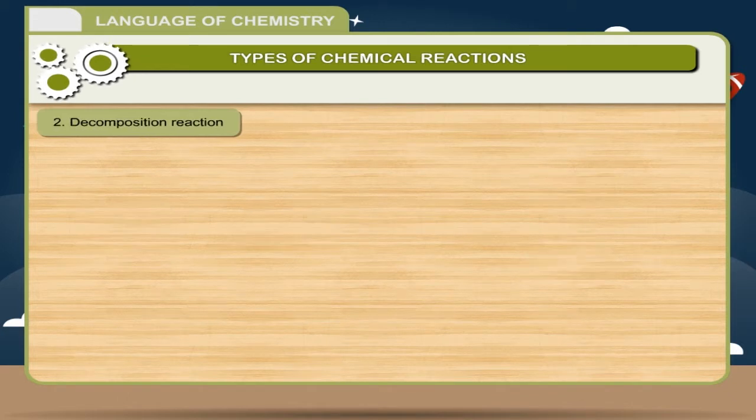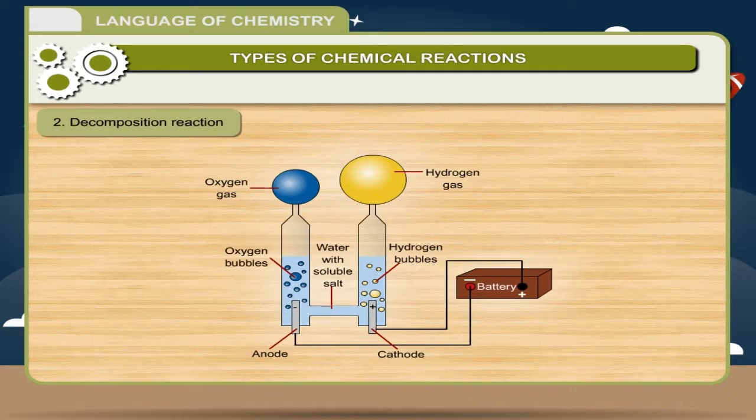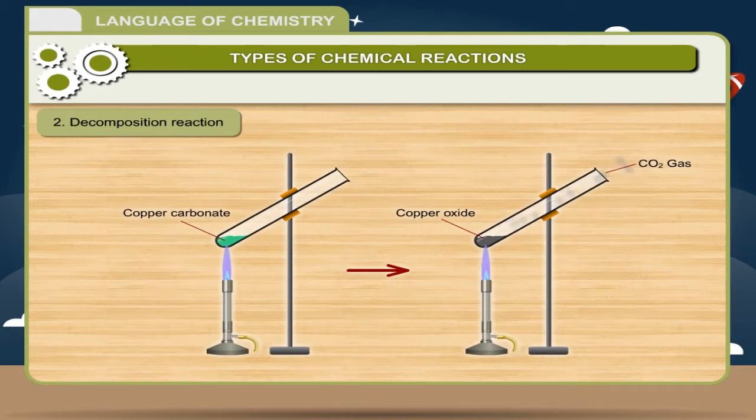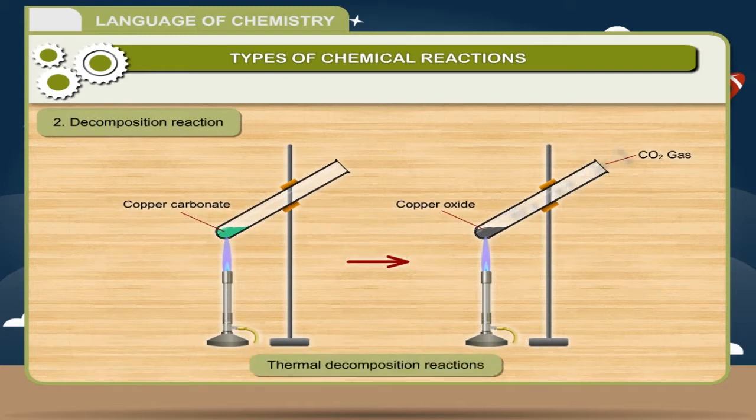Decomposition reaction. In a decomposition reaction, one substance breaks down into two or more simple substances. Compounds generally decompose in the presence of heat, and therefore, these reactions may also be known as thermal decomposition reactions.